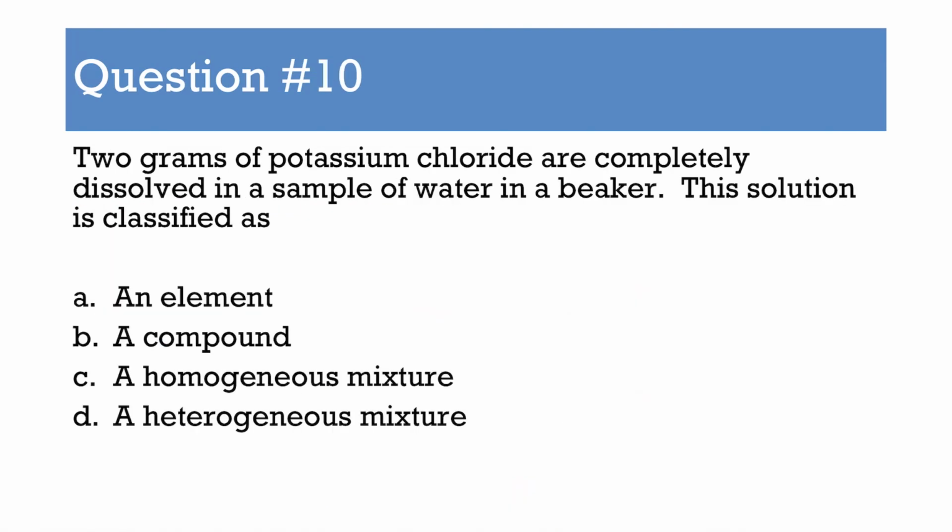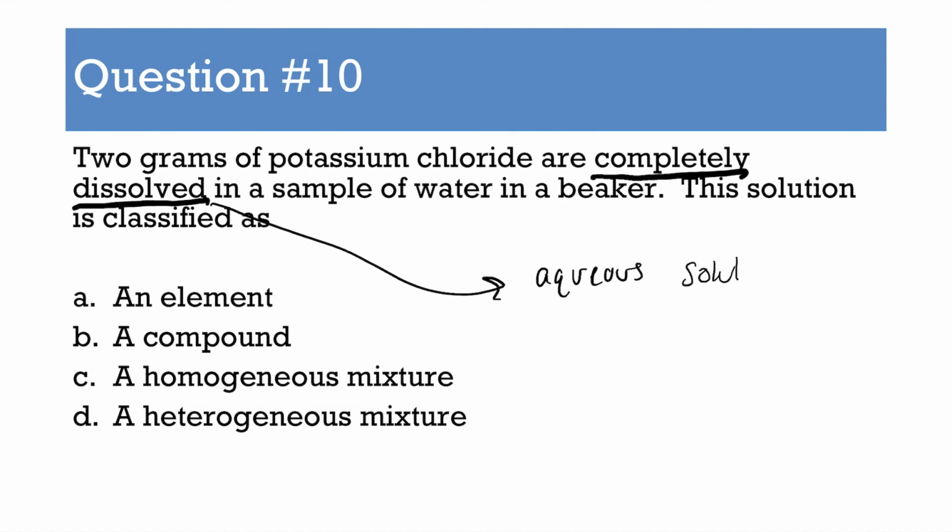Last question. Question 10. Question 10 says 2 grams of potassium chloride are completely dissolved in a sample of water in a beaker. This solution is classified as. So whenever you see completely dissolved, you should think aqueous solution.